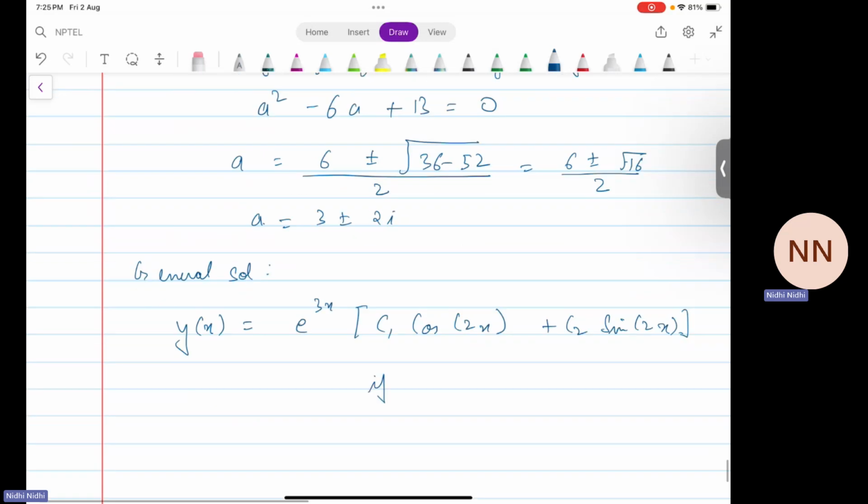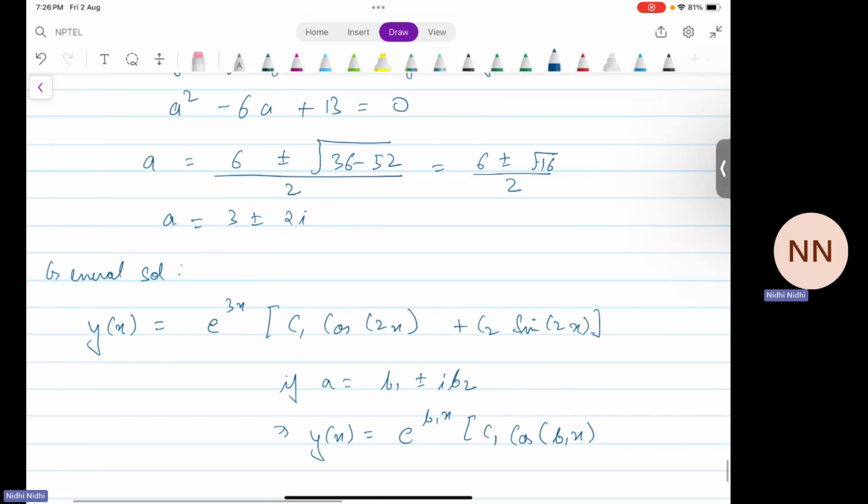Basically, if a is equal to some a1 plus minus iota a2, in that case our solution is e to the power real part times x, times c1 cos imaginary part times x plus c2 times sine imaginary part x.